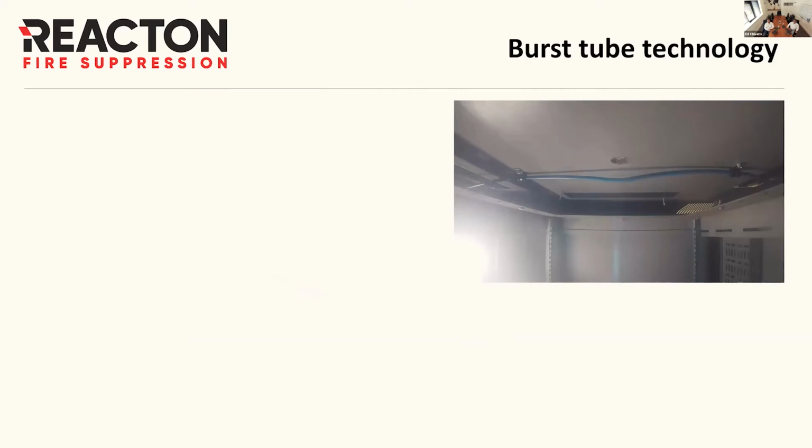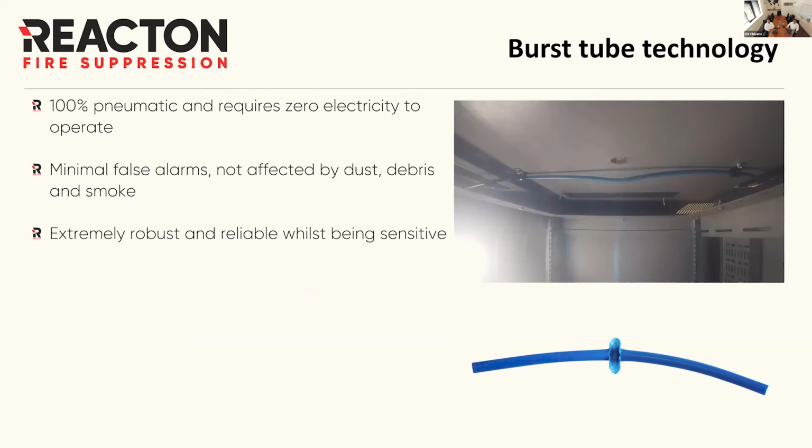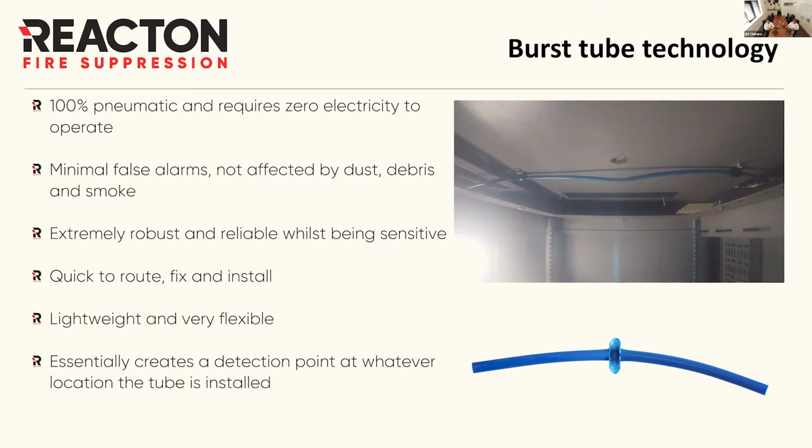Here we've got a quick video about the burst tube, or the pneumatic detection tube. It's 100% pneumatic, no electricity required at all to operate. That is something that we've had great success from, where people don't have that worry of what happens if I have a power failure, or someone breaks a cable leading to your actuator or whatever.